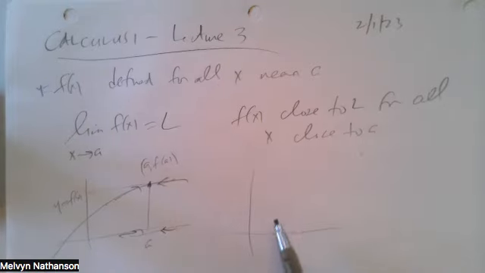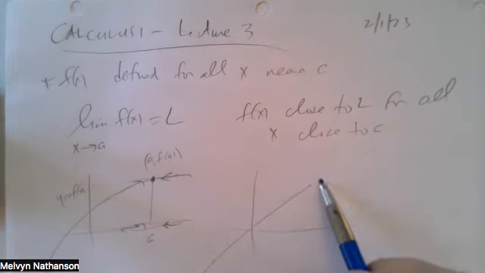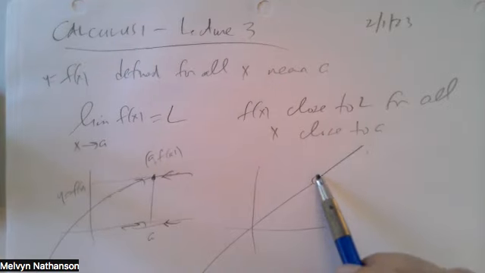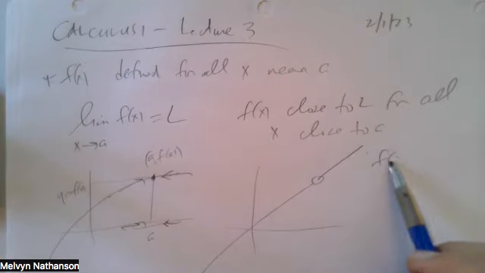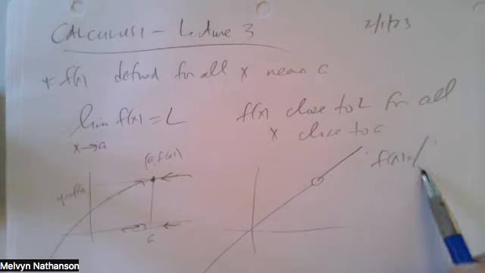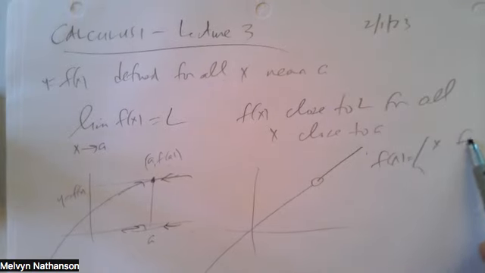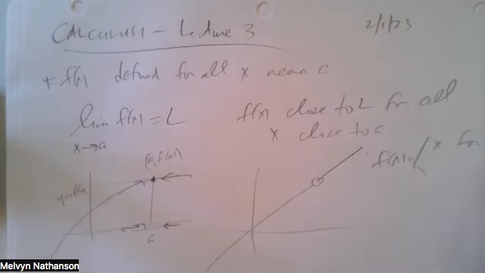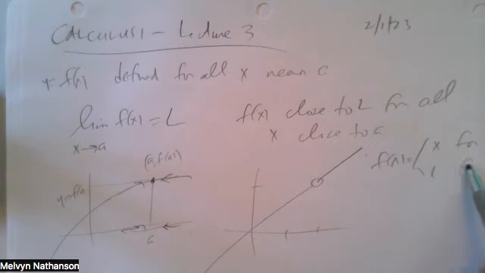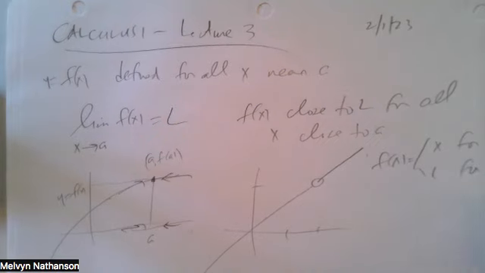But to take a somewhat more complicated example, suppose we take a function that looks like this. Let's say f of x is equal to x for x not equal to 2. And maybe it's equal to 1 when x equals 2.